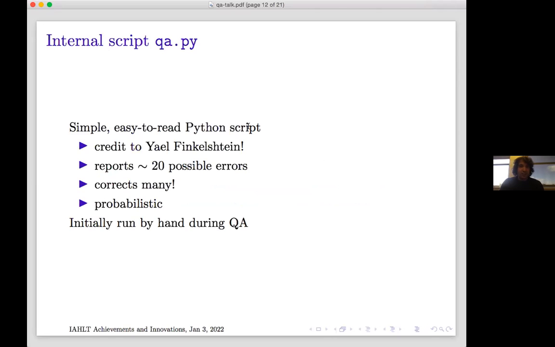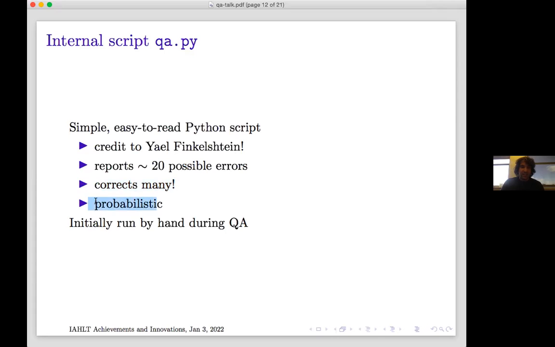Okay, so going back to, I don't know, August maybe, we had a validation script, an easy to read Python script developed by one of our annotators. It has about 20 common errors that it detects. It corrects some of these, which is more than I can say for the rest of our system so far.